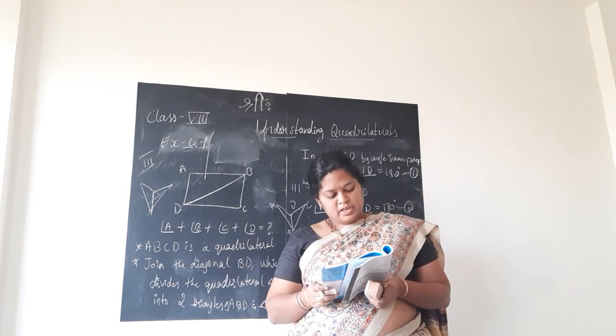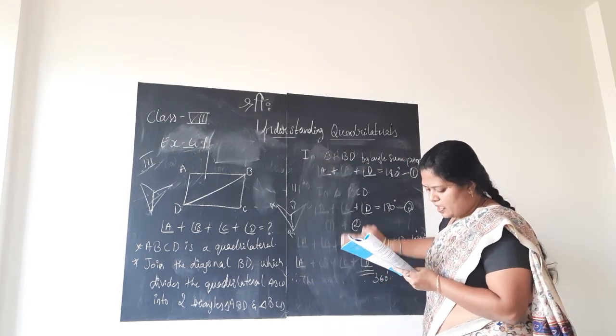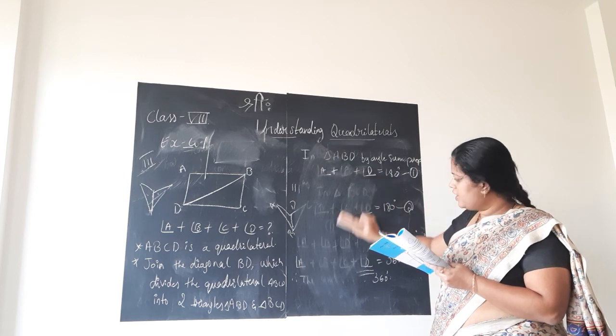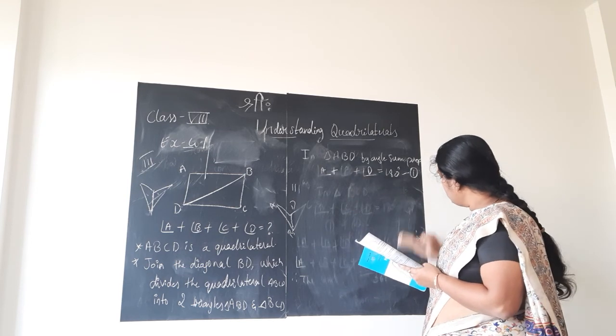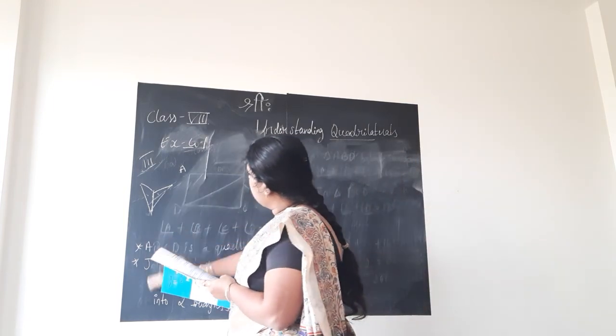Fourth, examine the table. Each figure is divided into triangles and the sum of angles deduced from that. So they are deducing the formula.